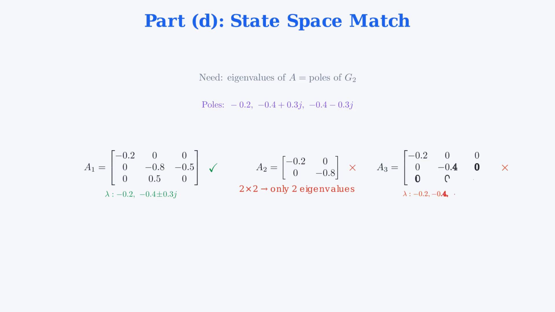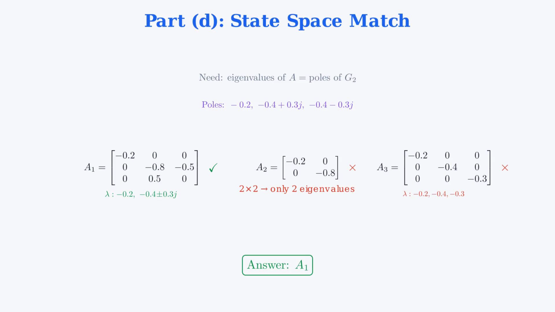Computing its eigenvalues from the characteristic polynomial, det of (sI minus A1) gives (s plus 0.2) times (s squared plus 0.8s plus 0.25). The eigenvalues are -0.2 and -0.4 plus or minus 0.3j. These match the poles of G2 exactly.